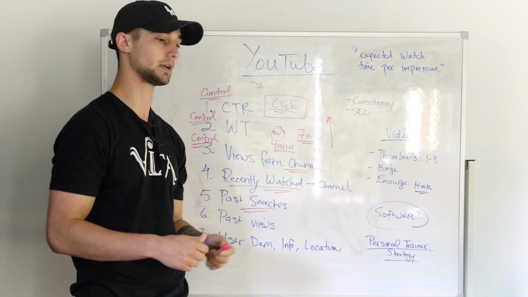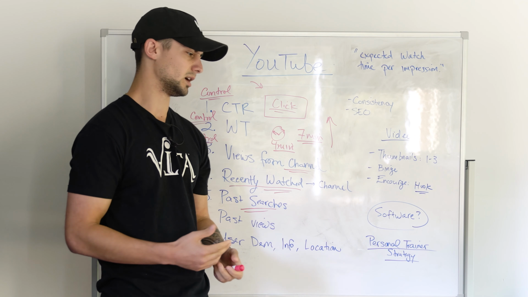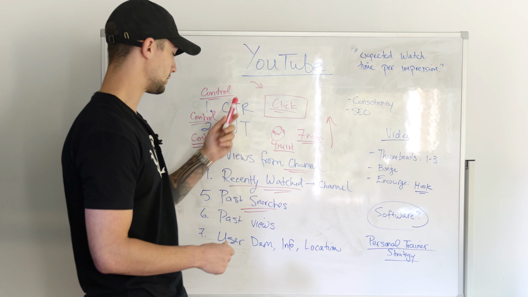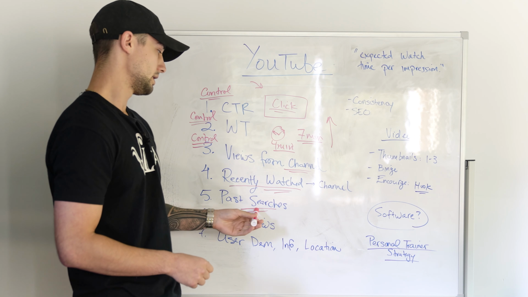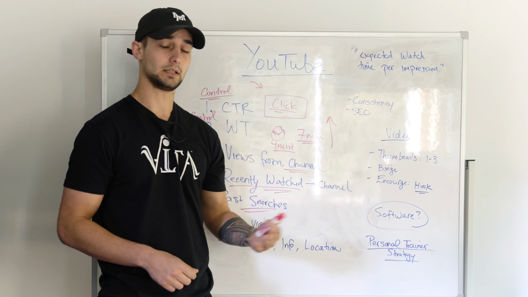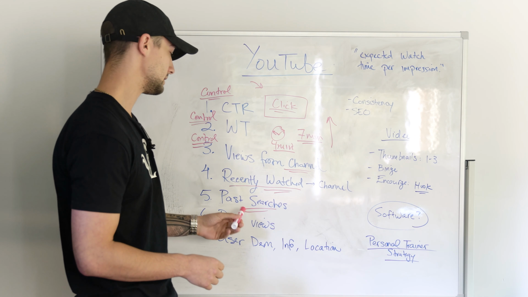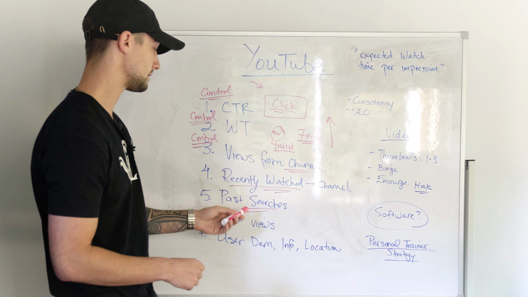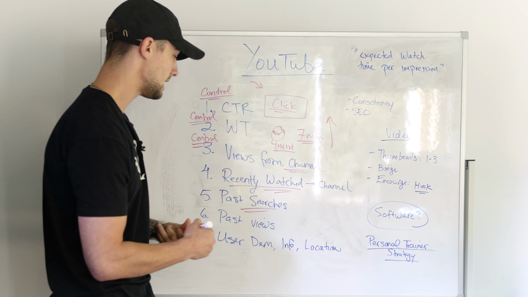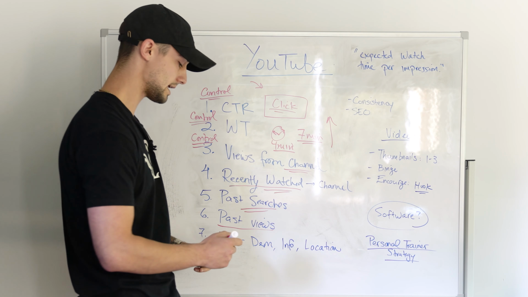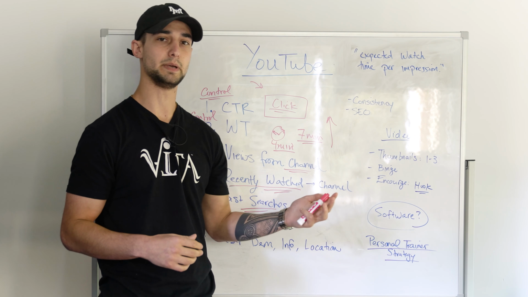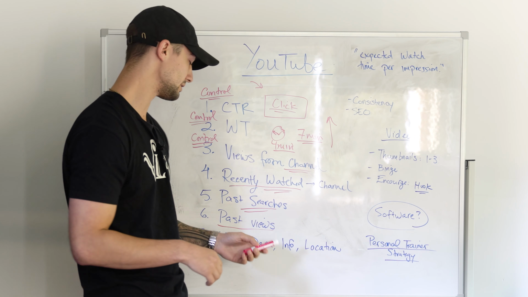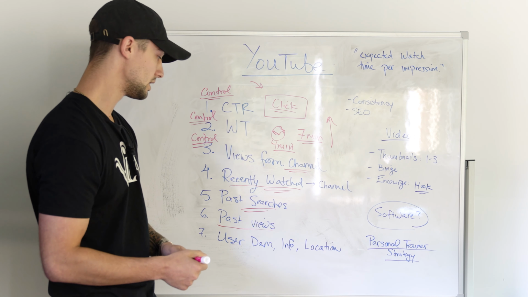So if you searched for something and there were no videos on it, and then somebody posts a great video that gets picked up by the algorithm because they did a great job at steps 1 through 4, it might show up when you log into your YouTube homepage because it corresponded to a past search. So YouTube pays attention to everything previously searched, as well as past views. If somebody binges a lot of MMA content, it's going to load up their suggested videos with everything relevant to what they've previously watched.